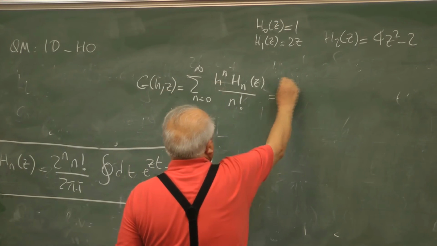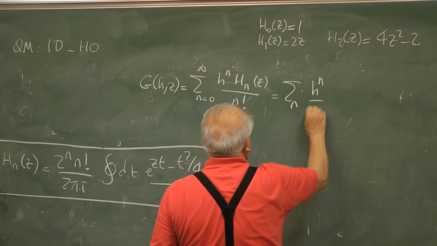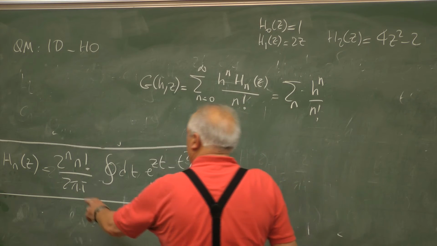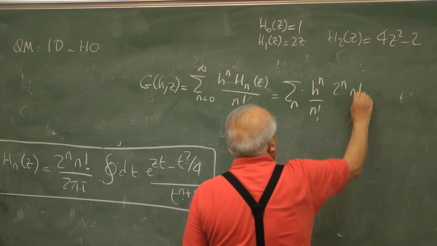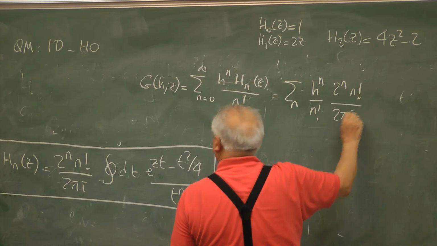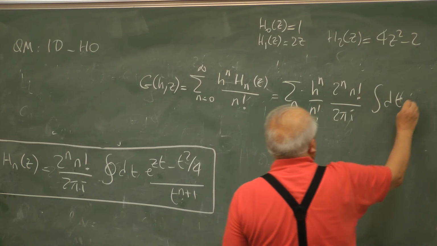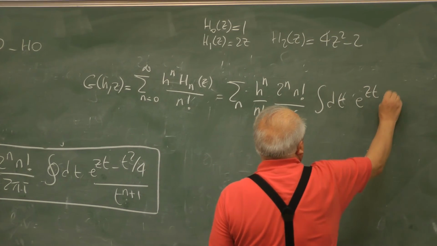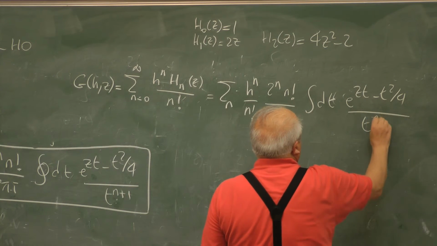This is equal to the sum over n, h to the n over n factorial, times 2 to the n, n factorial, over 2 pi i, integral dt, e to the zt minus t squared over 4, over t to the n plus 1.